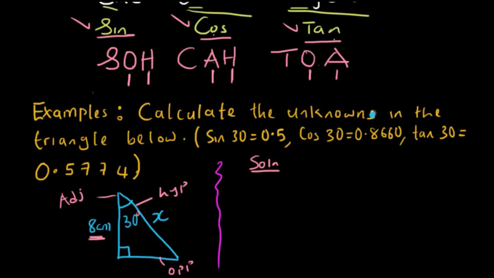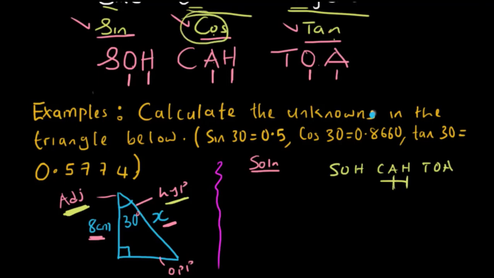In this case we are relating adjacent with hypotenuse. Next, remember so, ka, twa. What do we have when we relate adjacent with hypotenuse? Definitely we have ka. And what's the trigonometric function for ka? Cos.